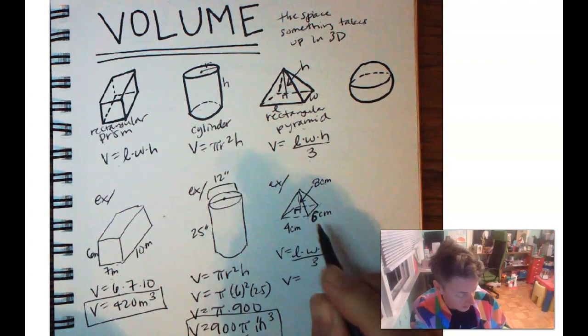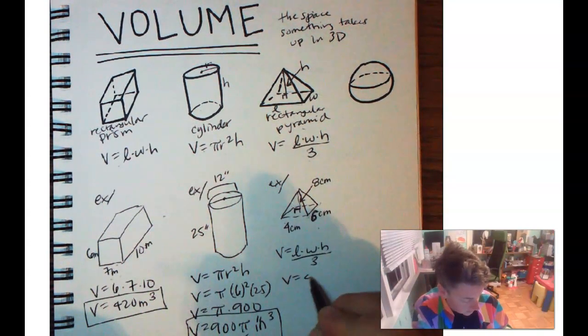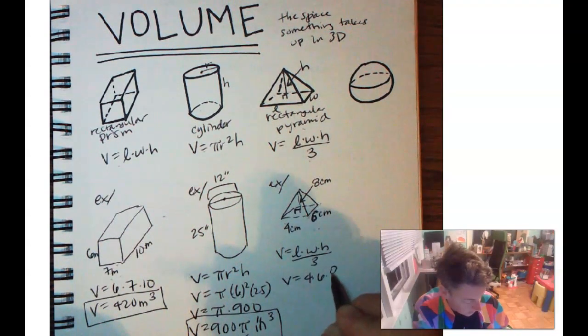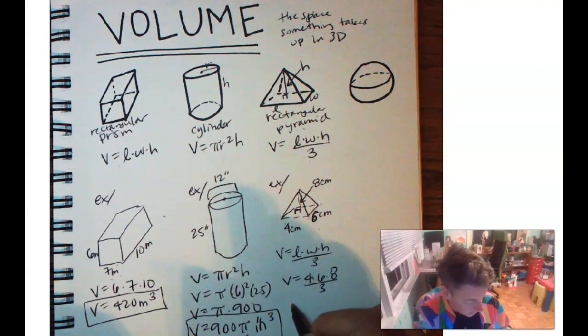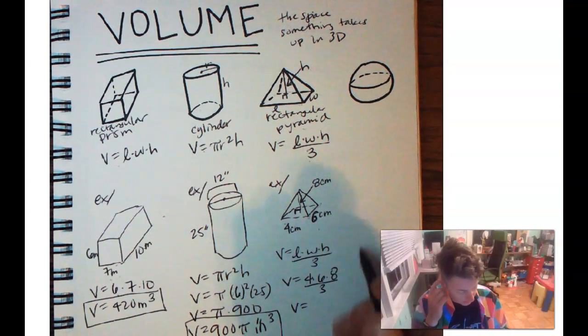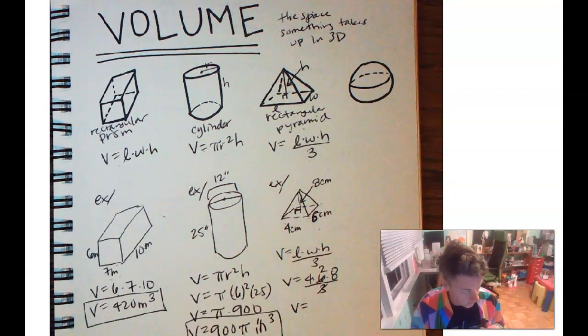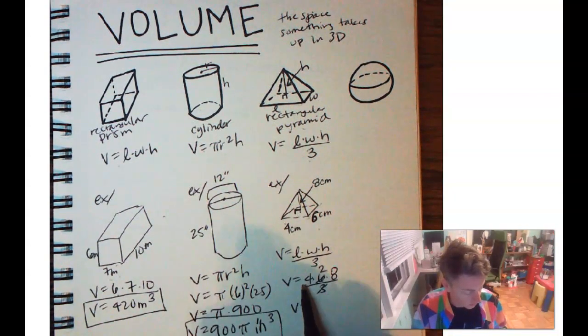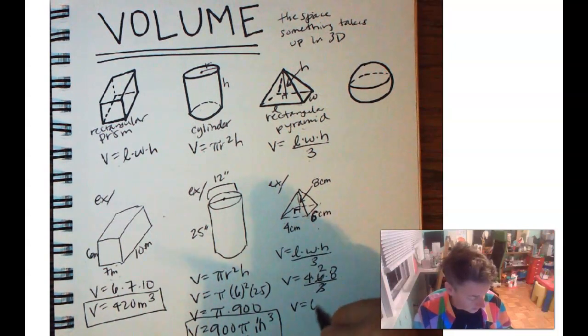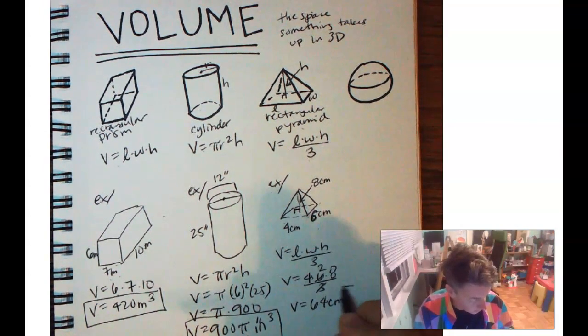So we've got 4 times 6 times the height, 8, divided by 3. So we'll have 24 times 8 divided by 3, or maybe let's just do 2, because then I can do that in my head. 4 times 2 is 8 times 8 is 64 centimeters cubed.